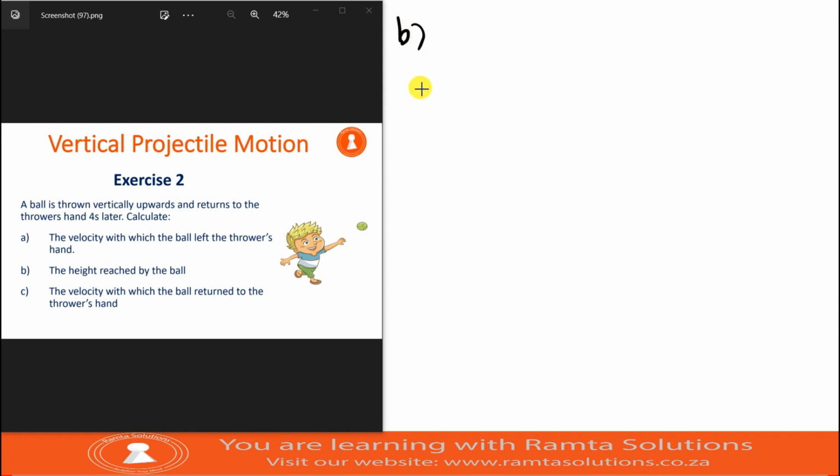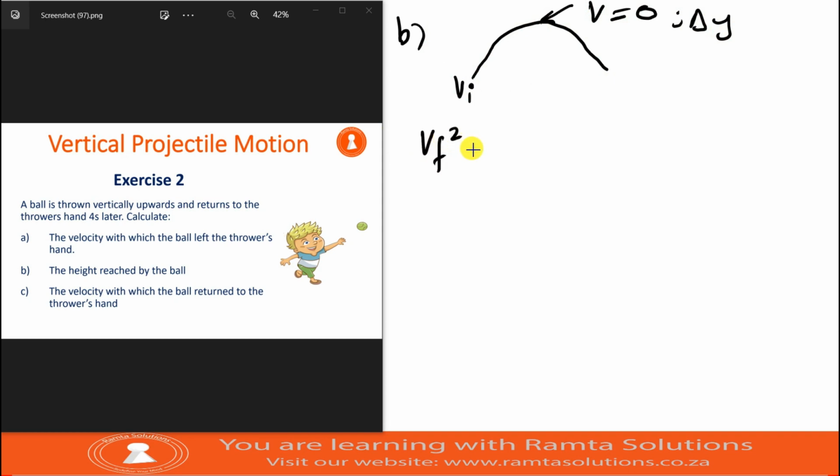Number B, they say we must calculate the height reached by the ball. We know this is maximum height, so we have already calculated the initial velocity, and we know at this point velocity is 0. So we are looking for delta y. We can use the formula vf squared equals vi squared plus 2a delta y.